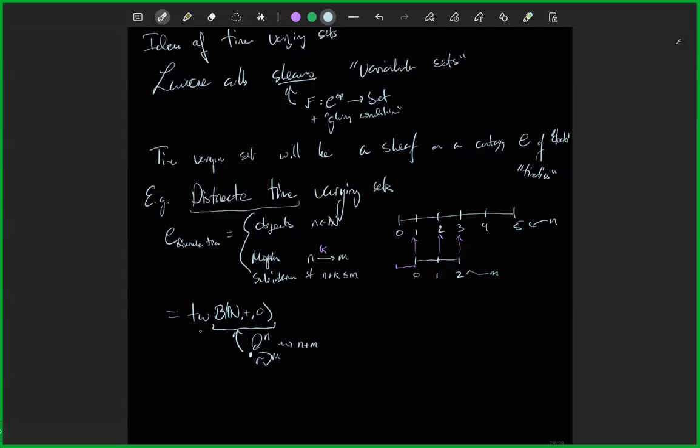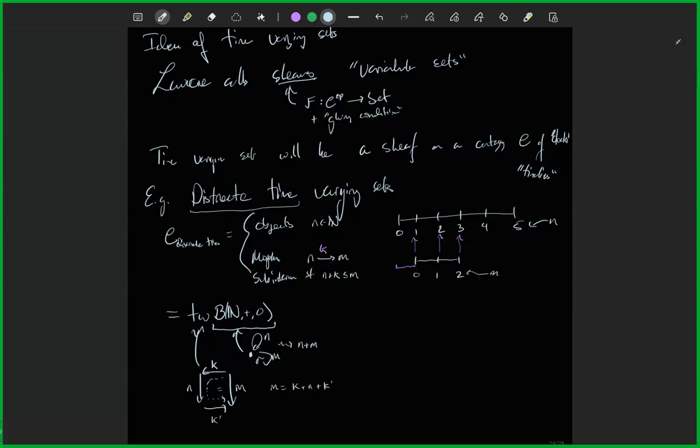The twisted arrow category construction has objects that are arrows in a category, in this case natural numbers. Its morphisms are twisted arrows, so twisted squares: pairs k, k prime, such that this composite equals m, i.e. m is equal to k plus n plus k prime.